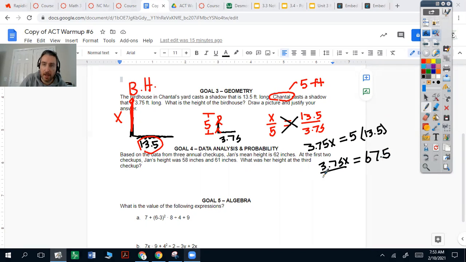And then you can divide by 3.75 on each side to get your answer. So it turns out the birdhouse is going to be 18 feet tall. So 18 feet.